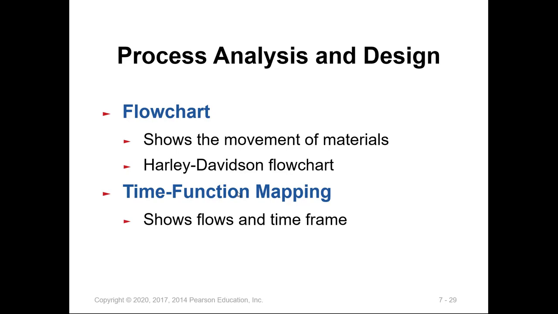In these charts, special symbols are used to show key activities. In this session, we are going to address the flowchart, time function mapping, and some other graphs, but we will leave value stream mapping to the next session.